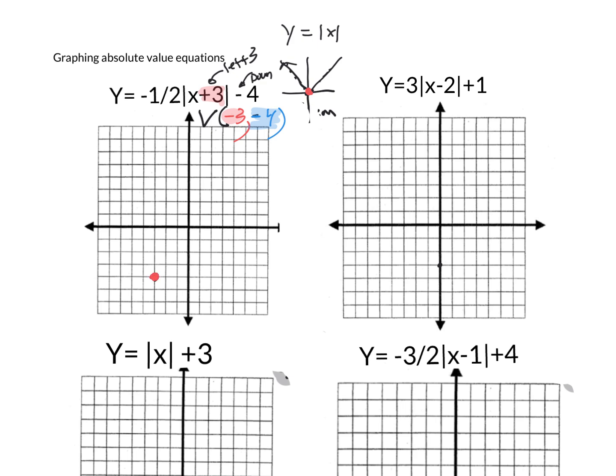Because there's a reflection in the x-axis, that means the V is going to be opening down. The vertical shrink or stretch is basically the slope of the branches.